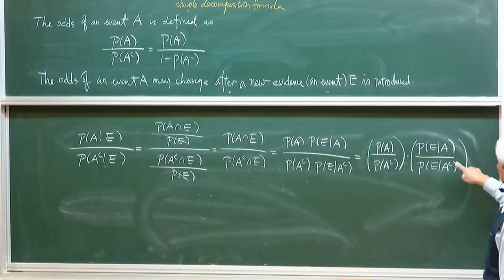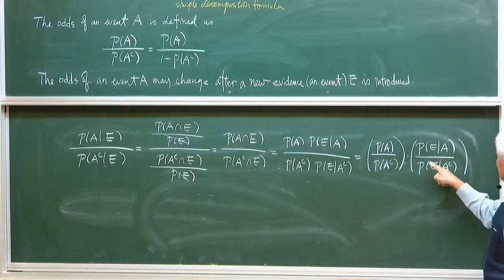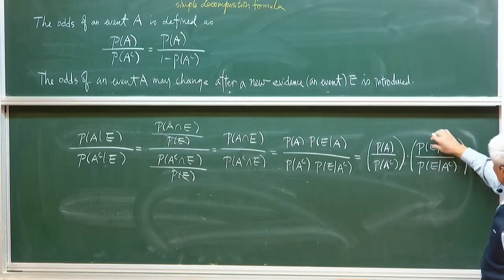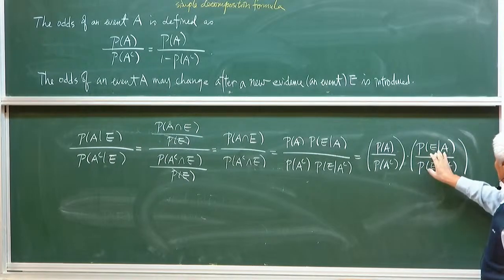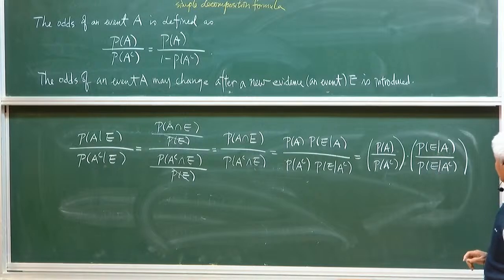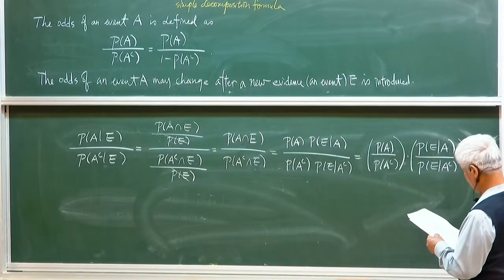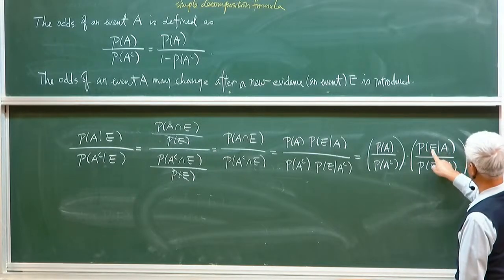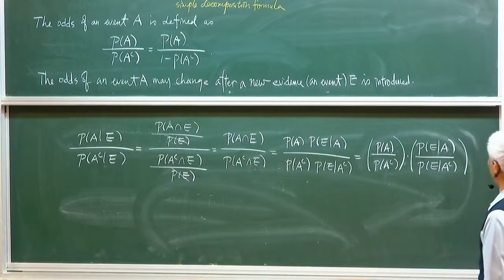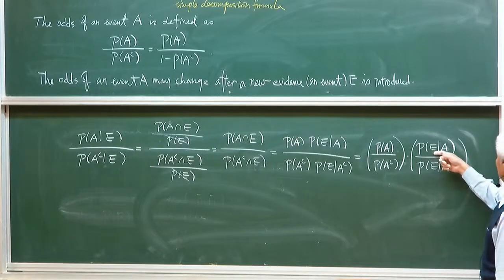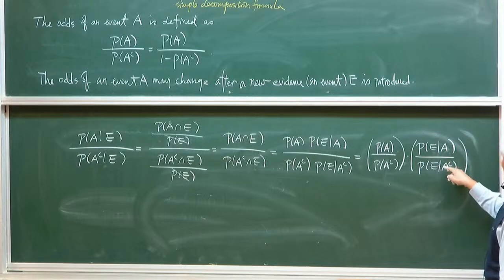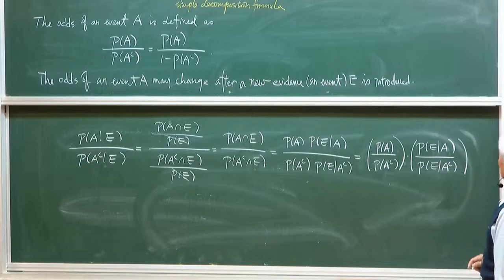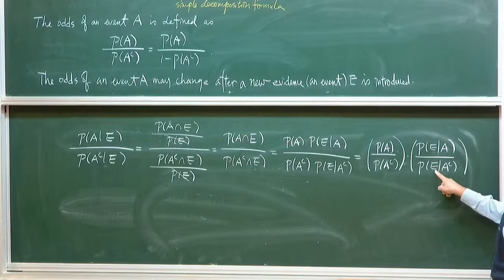Which means that the numerator is bigger than the denominator, that the event A favors the evidence, while the event A complement does not favor the event E.